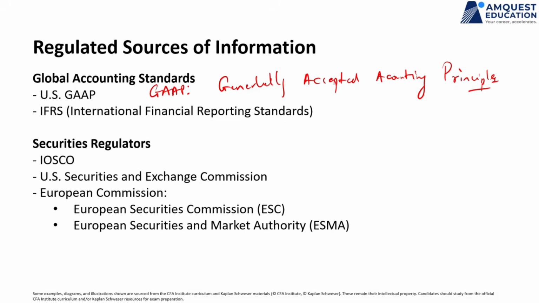And IFRS is International Financial Reporting Standard, which means this is something which is actively followed in US, and everyone is trying to follow IFRS now. Even for example, India as a geography is trying to adapt to IFRS. Other countries are also trying to look into IFRS. What IFRS says is it will be the same rule across all geography.